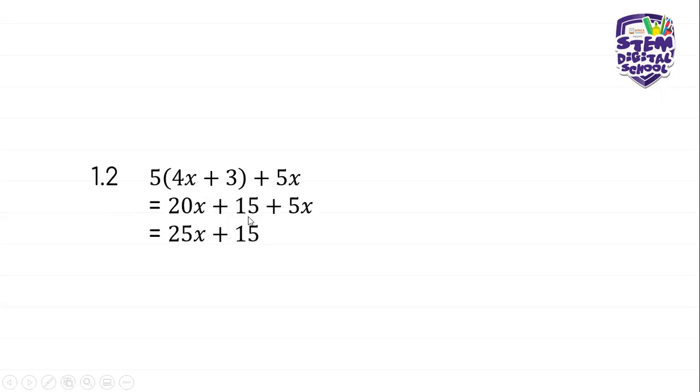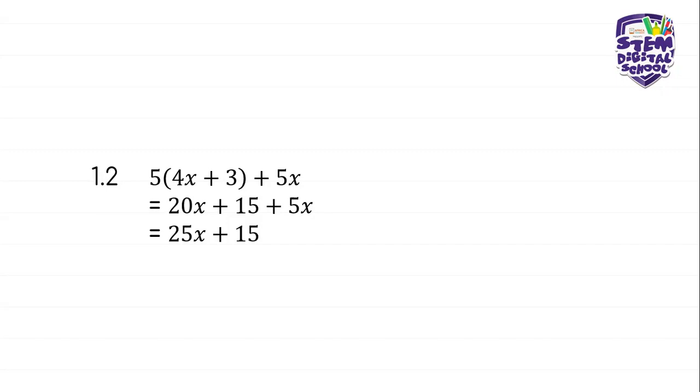So don't forget to multiply the second term as well. And thereafter, you just collect the like terms. And the like terms in this case will be 20x and 5x. You can add them together. 20 plus 5 is 25. So you'll have 25x plus 15. So those are the expressions which we are now simplifying.